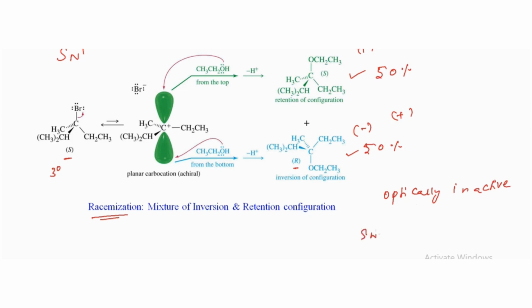For the SN2, inversion, and for SN1 you are getting optically inactive product because the racemic mixture is formed in equal amounts. That's all. Thank you.